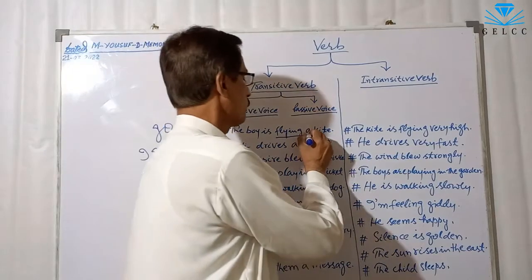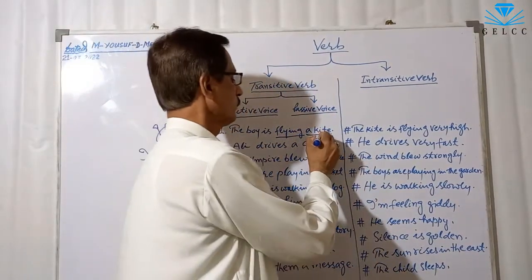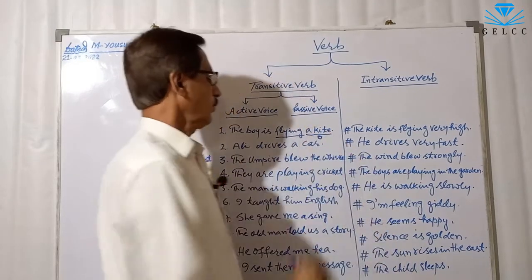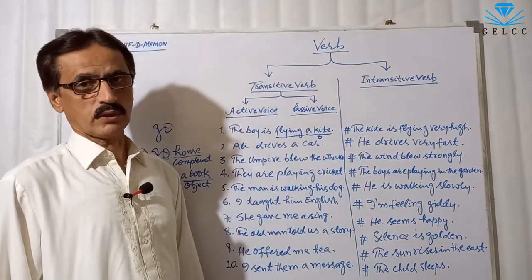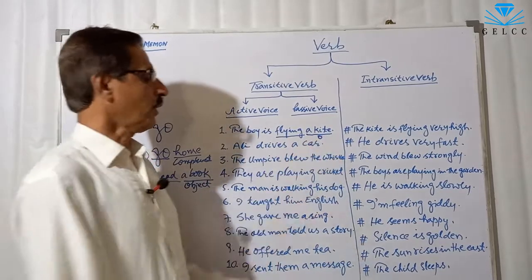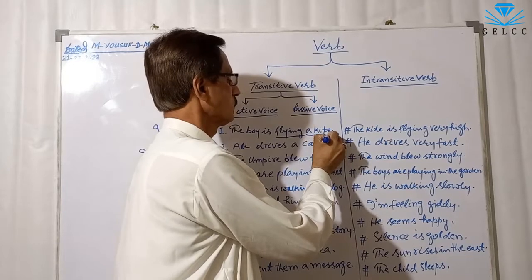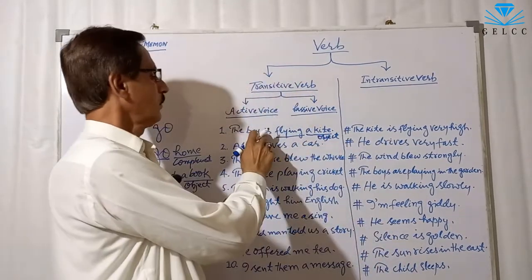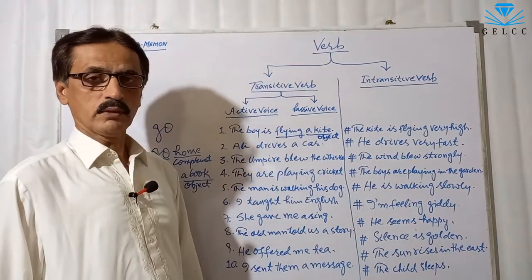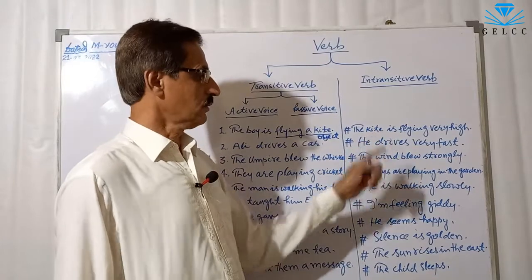A kite is object. So, the verb flying is transitive verb because it requires object. Is is helping verb.